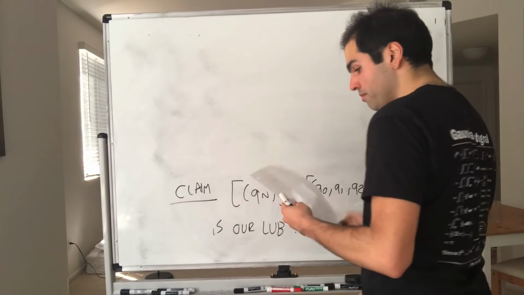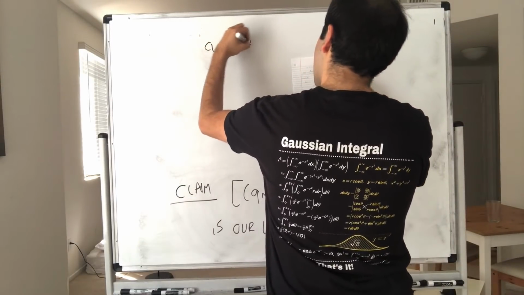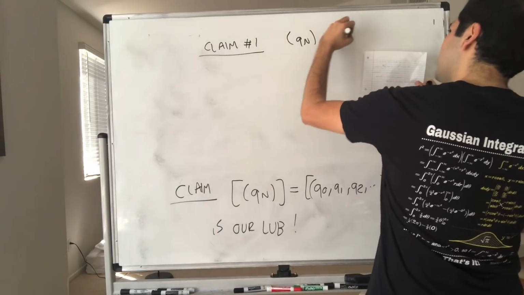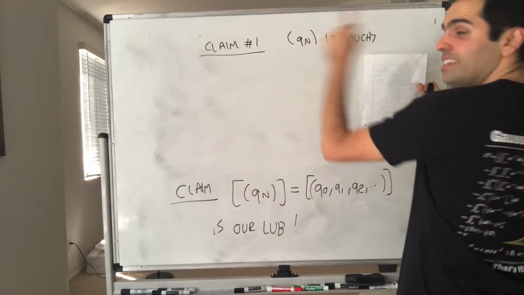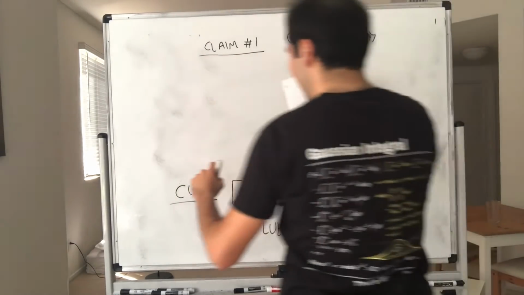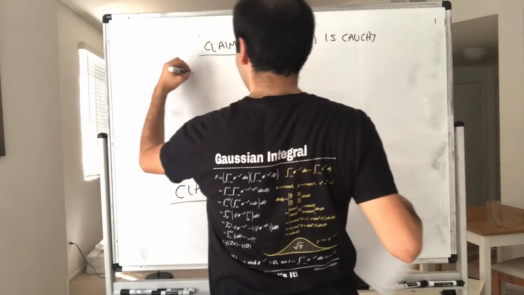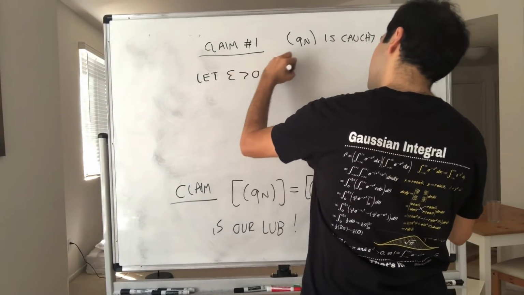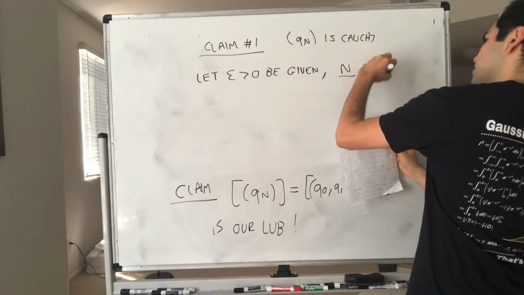So claim 1: Qn is Cauchy. Again, that guarantees that Qn is in our set, because we need to show this is a real number. And so let epsilon be given, and then capital N to be announced.